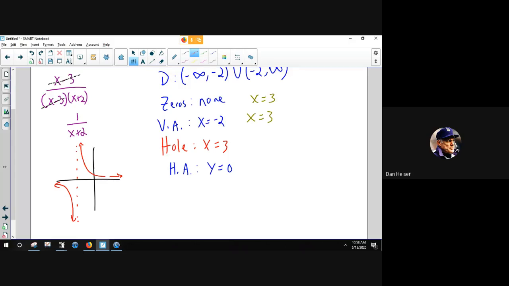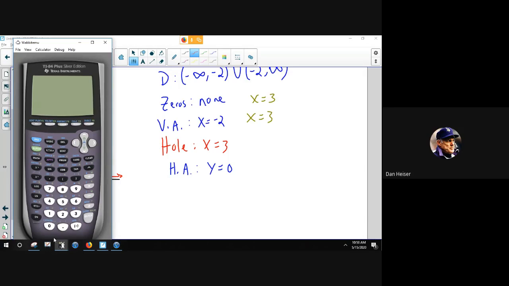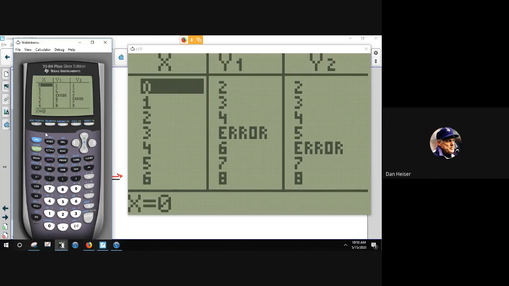At x equals 3, there's a hole. So now I have a rational function with a hole at x equals 3. Let's confirm that with the calculator.